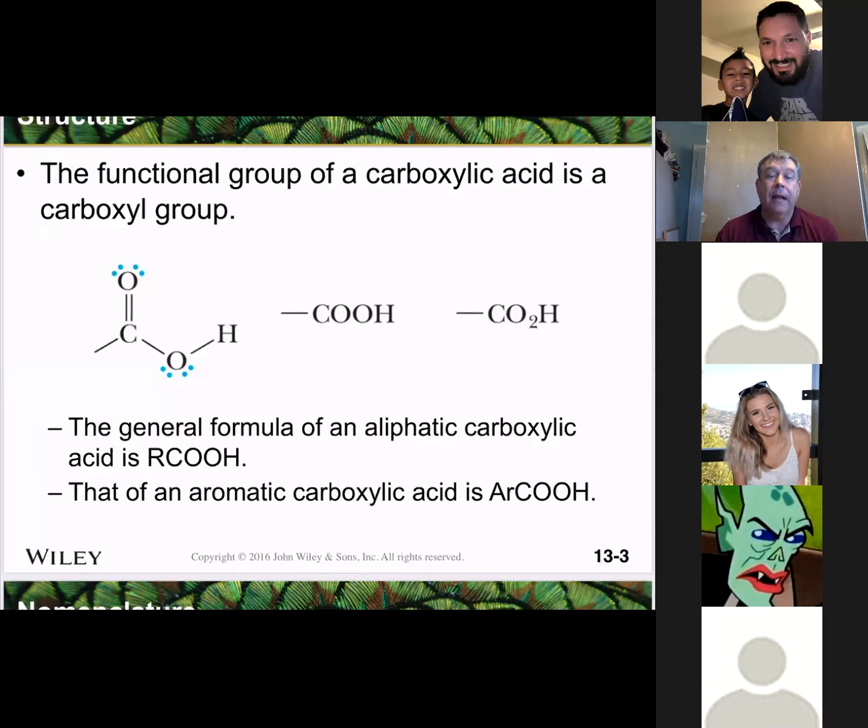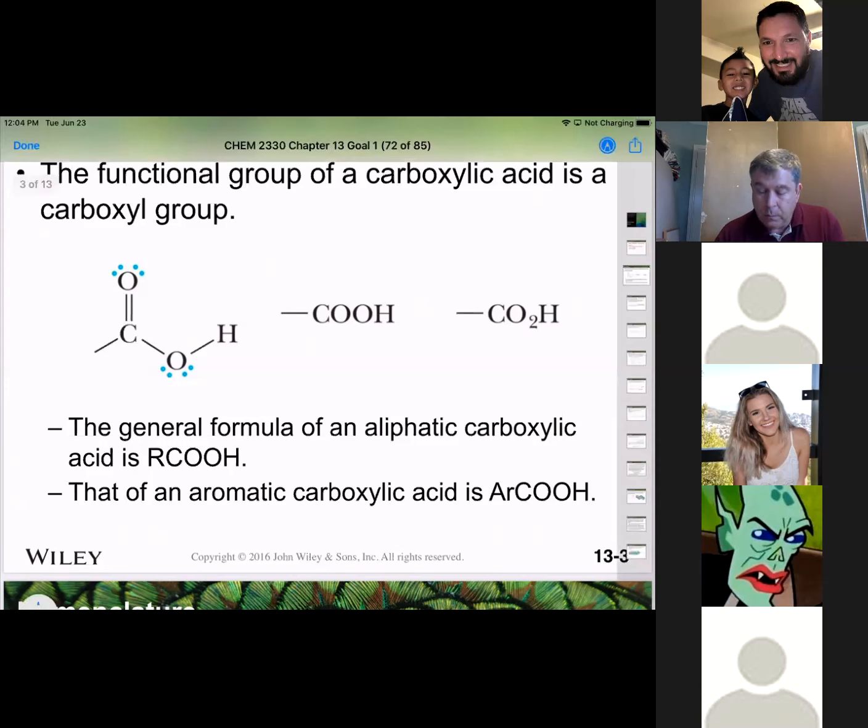Once we add an electronegative atom like oxygen to our carbonyl, we gain reactivity. That's why we put them all together, because we're changing the reactivity at that carbonyl. We can have 2 or 3 different ways of looking at it.